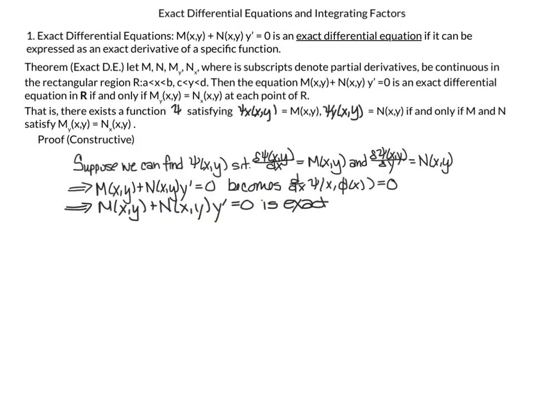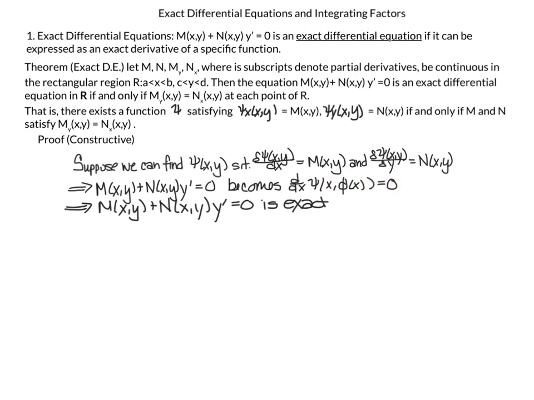From our previous work then, we said that if we can find a psi such that d psi dx is equal to M(x,y) and d psi dy is equal to N(x,y), then our original differential equation becomes d dx psi of x, y of x equals c.